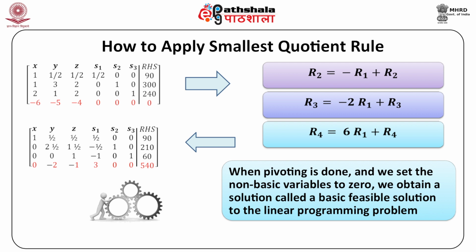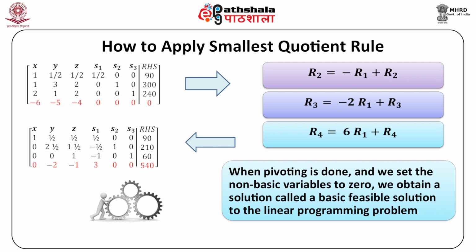We can do this by R1 is equal to half R1 as a row operation. Now we pivot about the pivot element to make other elements in the column equal to 0. For this, R2 equals minus R1 plus R2, R3 equals minus 2R1 plus R3, R4 equals 6R1 plus R4.